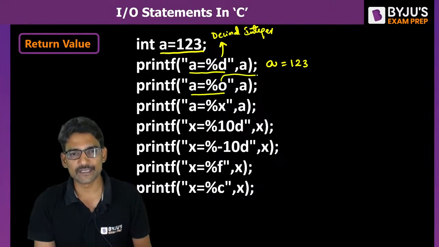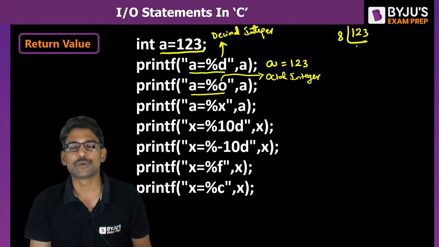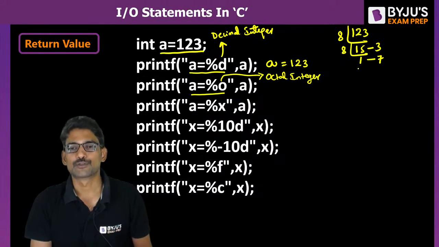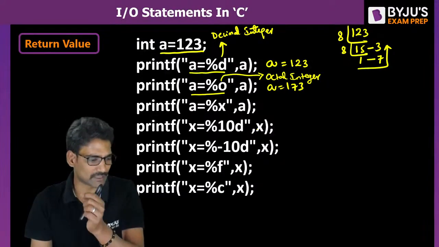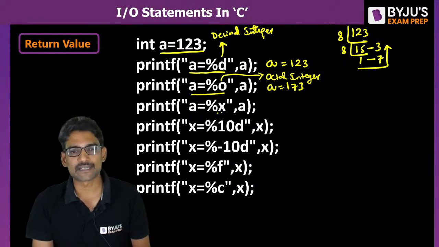Here o means octal integer. So convert decimal to octal: 123 divided by 8. 8 ones are 8, 8 fives are 40, remainder 3, and so on. So you would be getting 173 when you write a equal to %o. And when you write %x, x will give you the hexadecimal value.